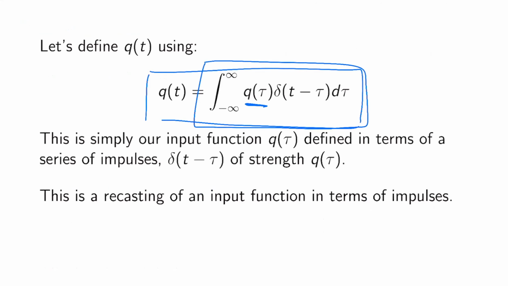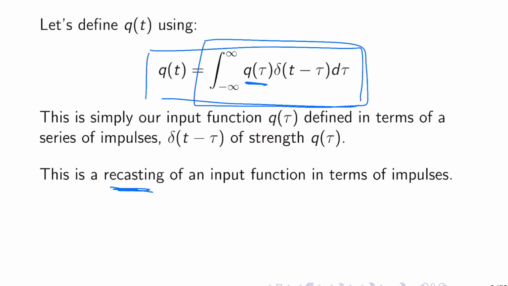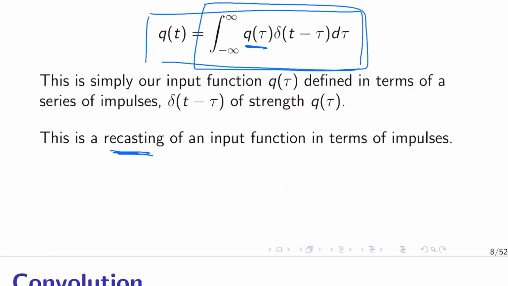So this is just a recasting of an input function in terms of impulses. Now, if you go to the textbook, it gives a proof of this. It's pretty straightforward, but it's a way of expressing any input signal in terms of a series of impulses where each impulse has a given strength, okay?